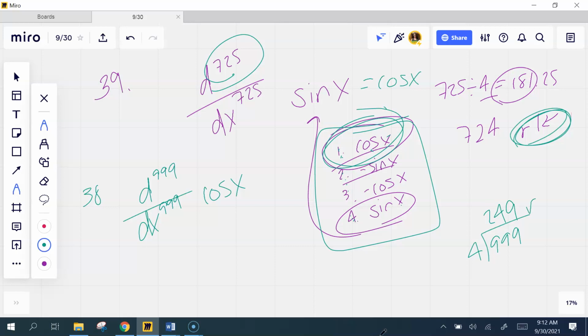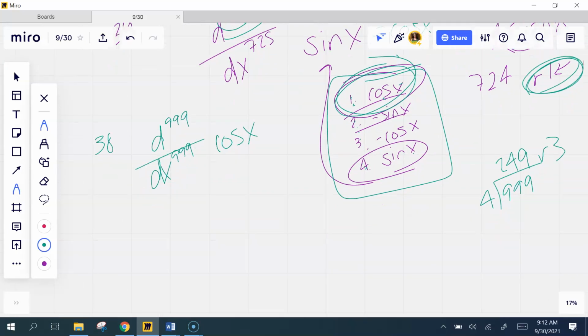But what's left over? What's your remainder here? 3. So you go to the 3rd. But these iterations are different because the first one here is negative sine x, and then it's negative cosine x.